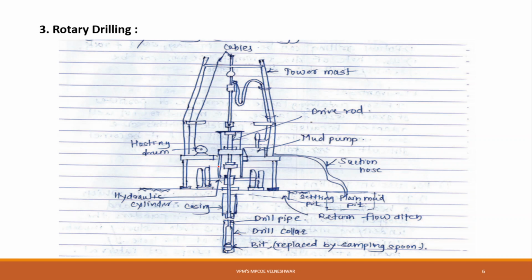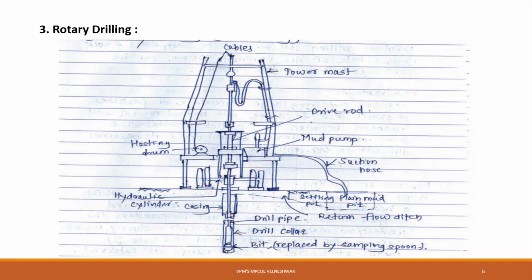There is also, see here, a hydraulic cylinder. Due to that pressure, it has the facility of applying downward pressure, so it can go downward.